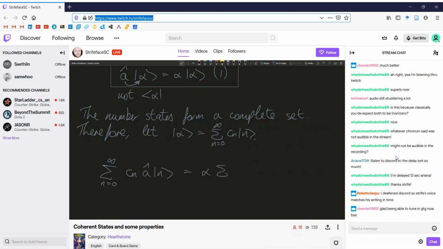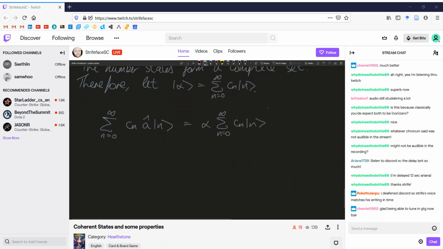If you recall back at the start of the term, we know what A acting on n does. It lowers the state by 1 and pulls out a coefficient root n. So what we're going to have here is the sum of Cn root n, lowering the state.